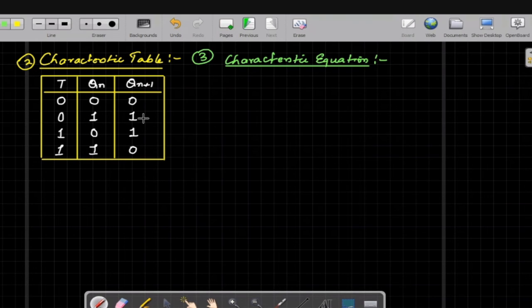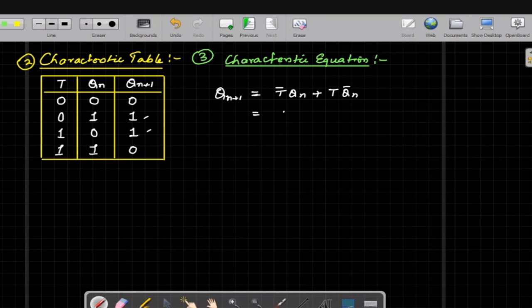Yes, first of all, by using the minterm approach, we can write the present state output expression Qn+1, which is equal to T bar Qn plus T Qn bar. And I think this is the standard output of a basic logic gate.